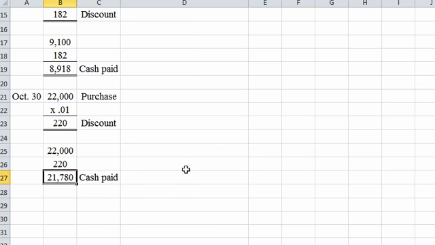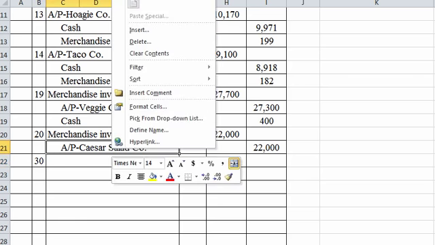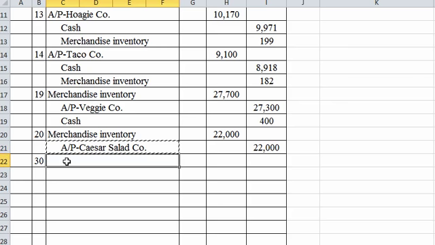Okay, so the first thing we need to do, if we've settled this debt, is that this accounts payable to Caesar Salad Company needs to come off the books. So this is the 30th. Remember, liabilities decrease on the debit side, or you could look at it like this: the accounts payable went on the books as a credit, so it has to come off the books as a debit.